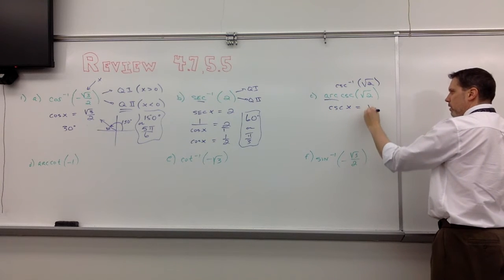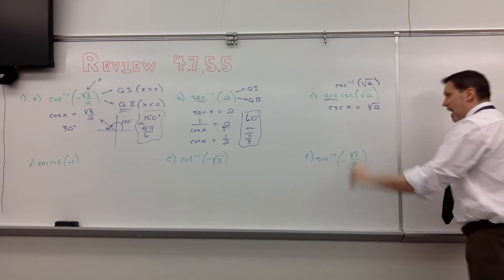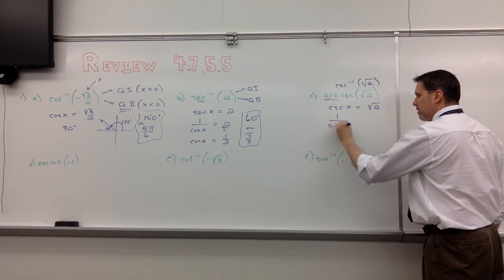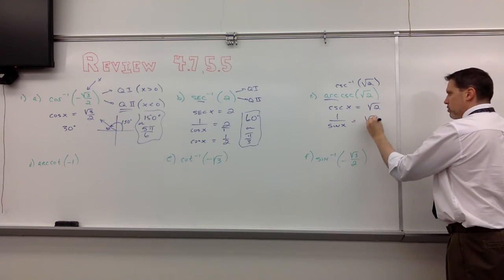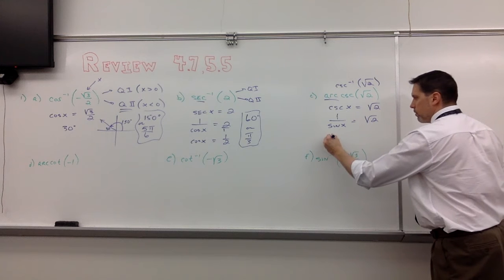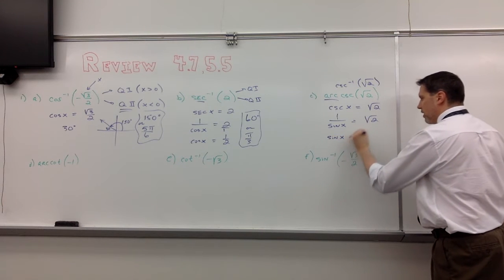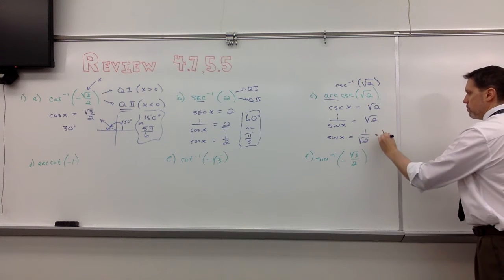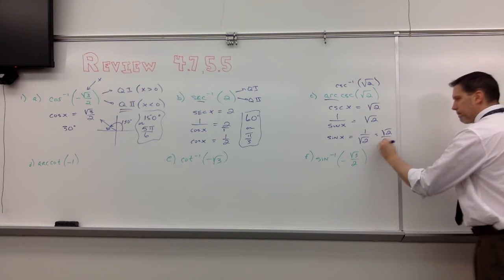So let's put it this way. Cosecant of x has to equal the square root of 2. Cosecant is 1 over sine. That's equal to the square root of 2. Either cross multiply, solve for sine, or just take the reciprocal of both sides. You get the sine of x is 1 over the square root of 2, which is root 2 over 2, maybe a little bit more familiar.